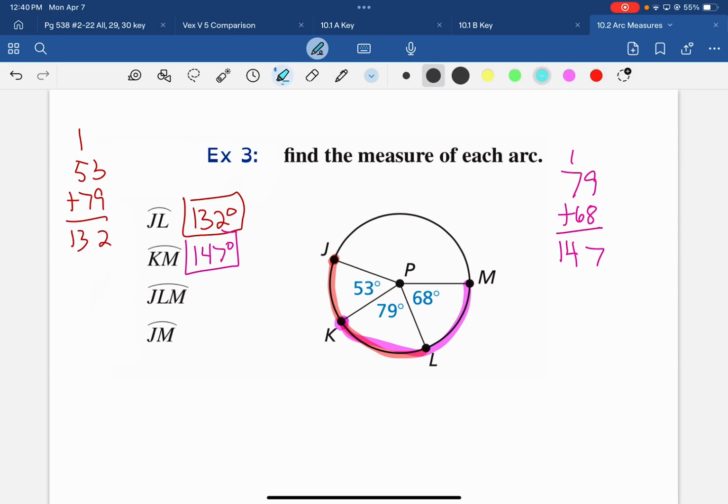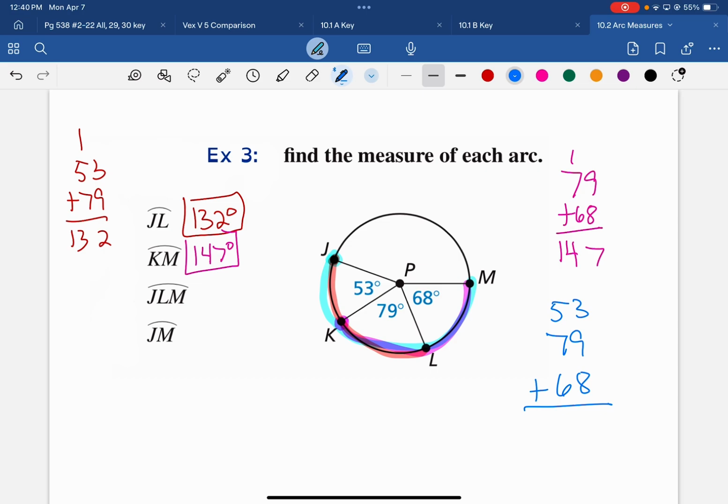All right. J to L to M. JLM. Starting with J. Sincere, should I go clockwise or counterclockwise? Counterclockwise. Good. So I'm going to go J to L to M. We're just going to add those three up, right? So we got 53, 79 plus 68. All right, so let's add those three.